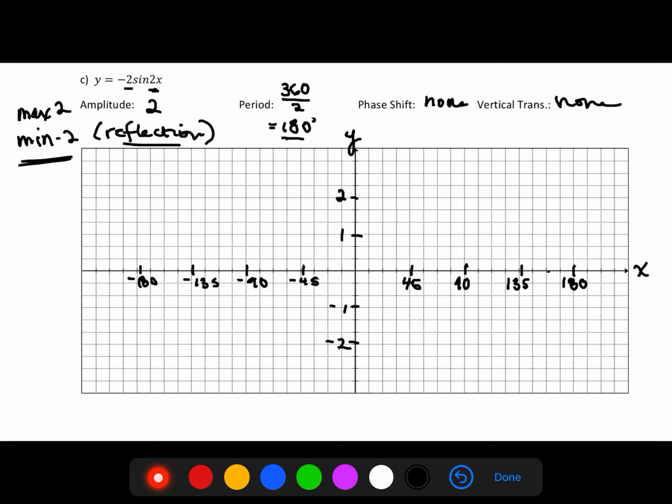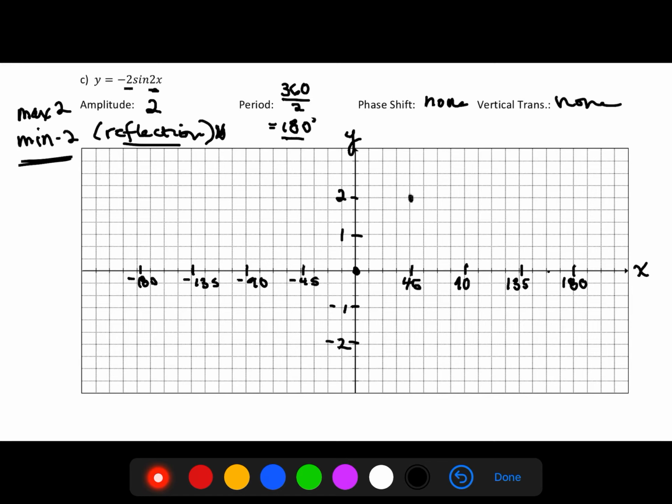So we're going to now plot our key points. And again, we know that those key points are going to happen every 45. We have no phase shift or vertical translation, so our original starts still at 0, 0. Now, what we have to keep in mind is this reflection.